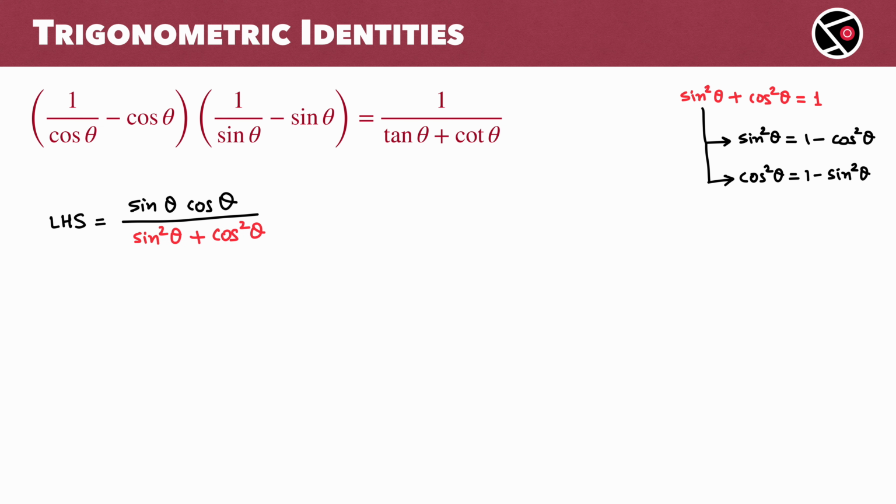Look at our target, the right hand side. We need 1 in the numerator, but we currently have sin θ cos θ.